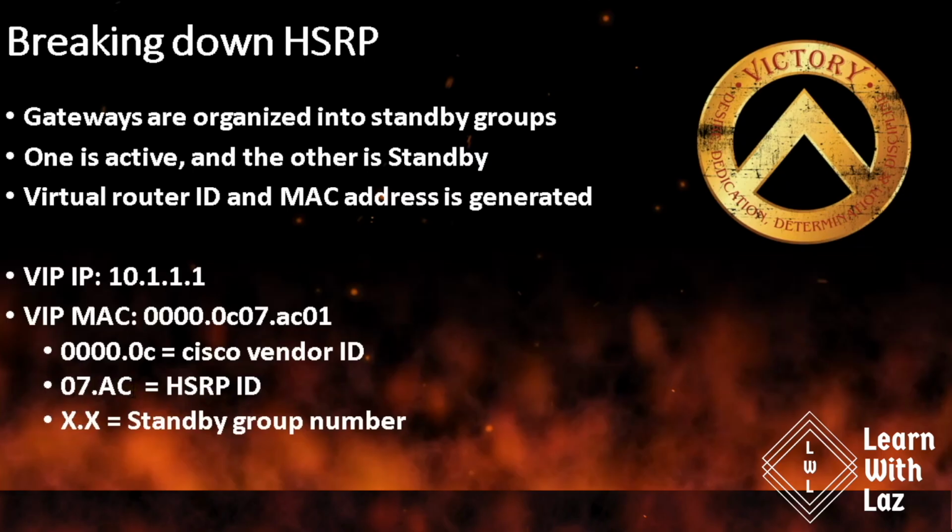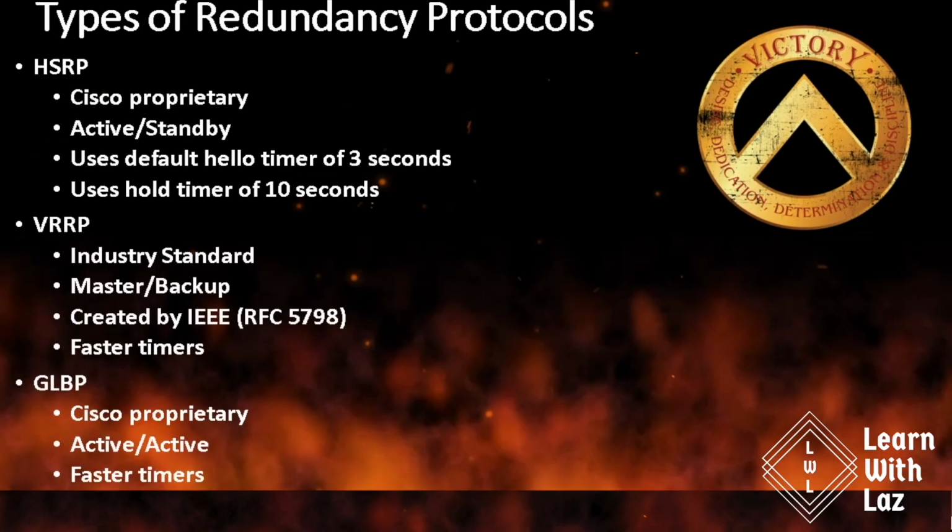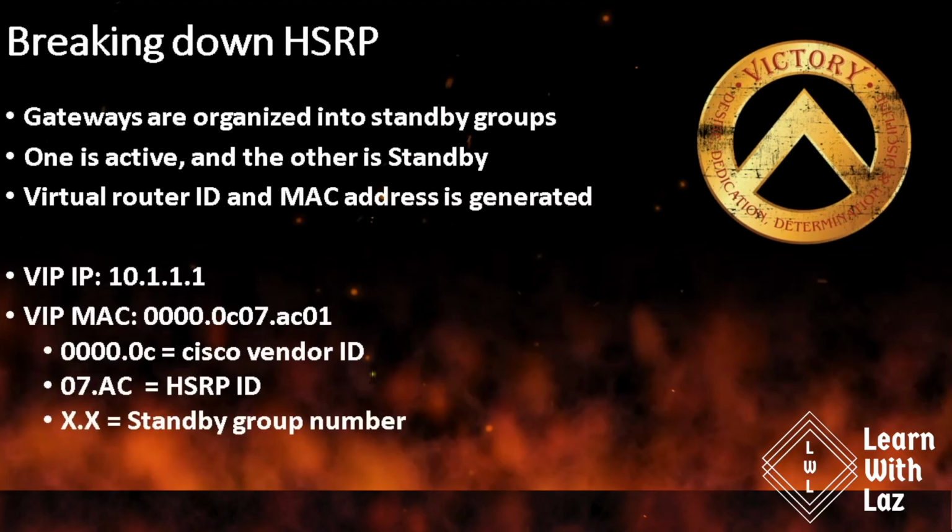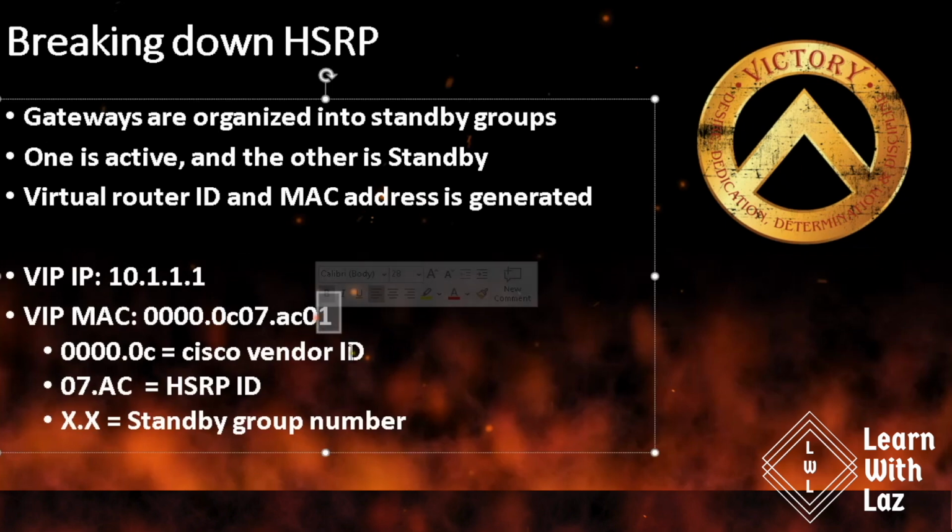And then whatever group number you create, the last 8 bits will be the standby group number you create. That is how it creates the virtual MAC. So this would be group 1. So just remember that.